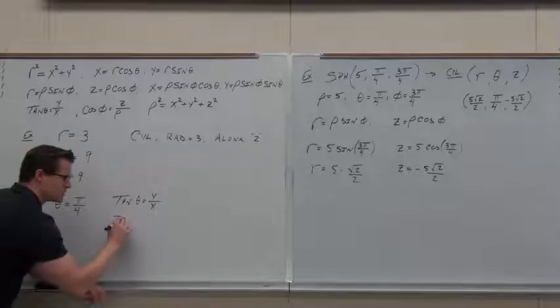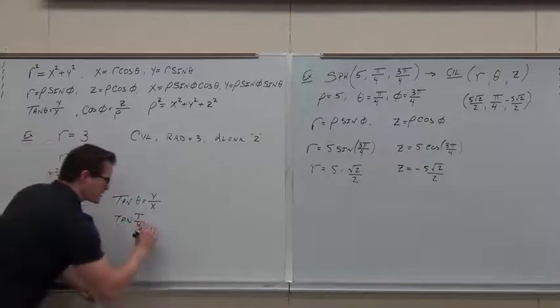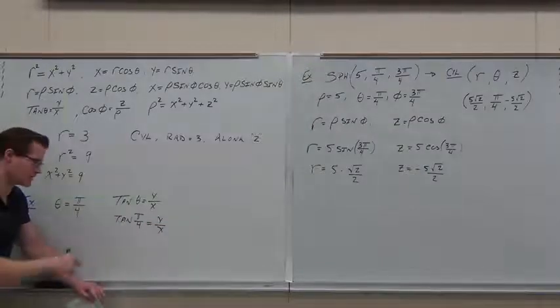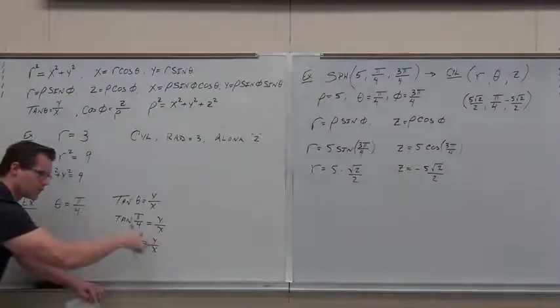So tangent of pi over 4, our theta is pi over 4, has to equal y over x. But I know what tangent pi over 4 is. I know it's 1.